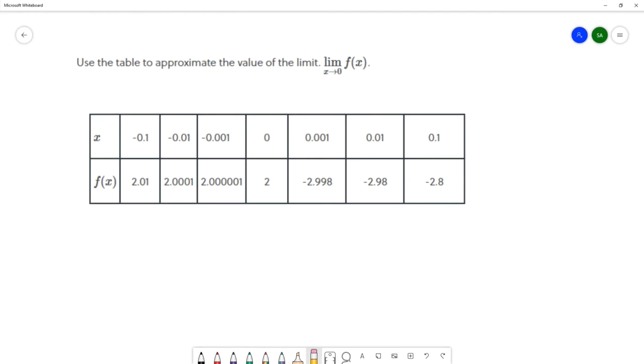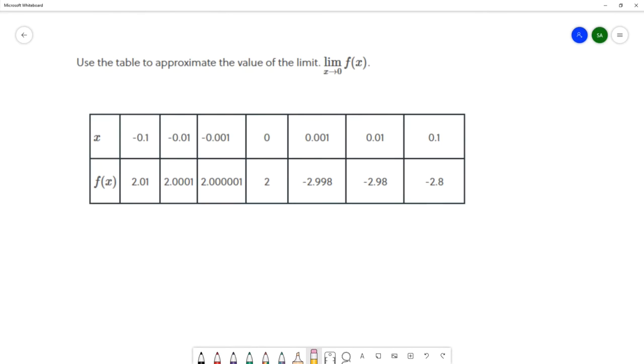When you find a limit, you need to approach that value from either side, from below and above that value. And so I can see that I've got numbers that are below 0 on the left and numbers that are above 0 on the right.